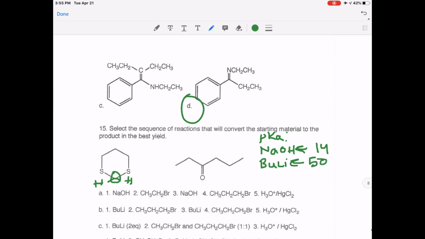So we can safely say that butyllithium is a way stronger and more effective base than sodium hydroxide. And since the problem is asking us to find the sequence of reactions that will convert the starting material to the product in the best yield, if we use a stronger base, a higher yield is more likely. So that is going to be our base of choice.